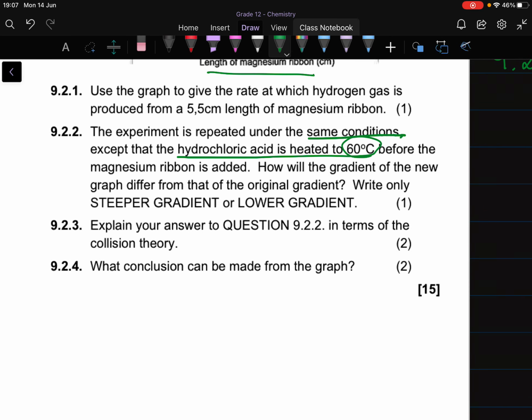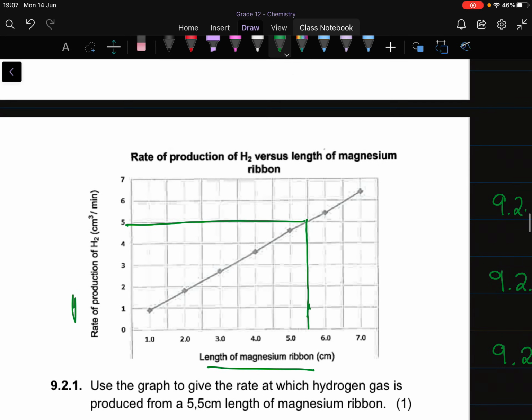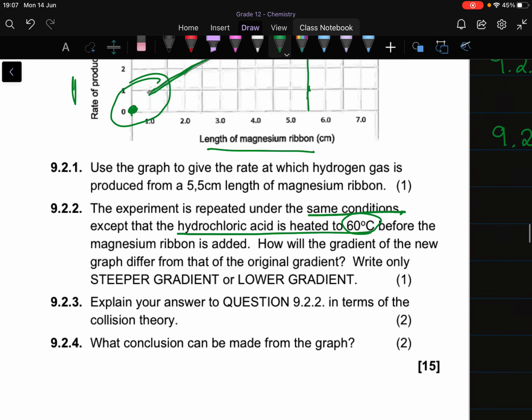What conclusion can be made? Now you need to be careful. We can see this is a straight line, but they have not drawn it through the origin. Okay? And if you look carefully, this actually isn't a line of best fit. Well, it's not great, okay? You cannot say it goes through the origin, because a rate of 0 when you have 0 length of magnesium ribbon, it's one of those things you just can't, you didn't take it all the way through.